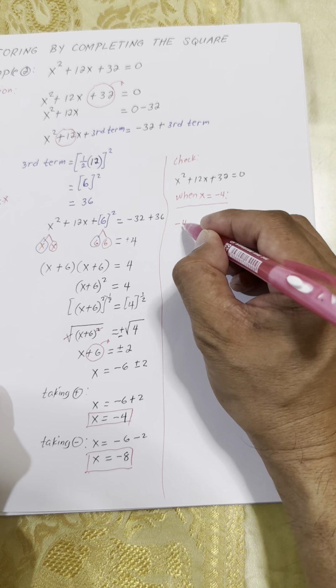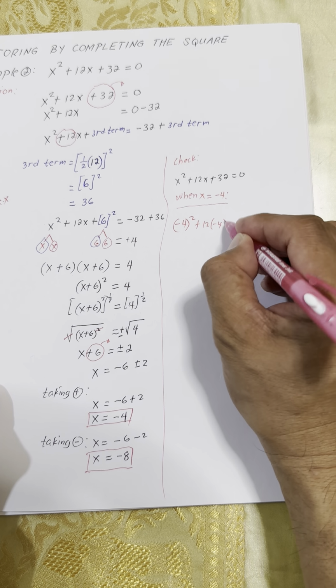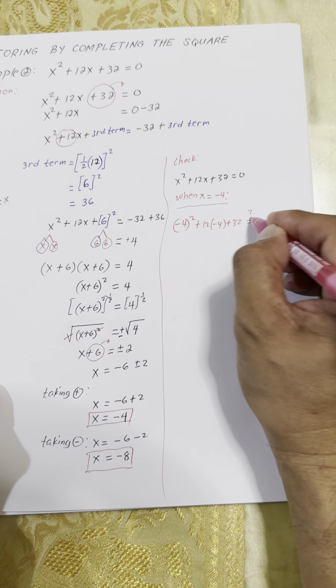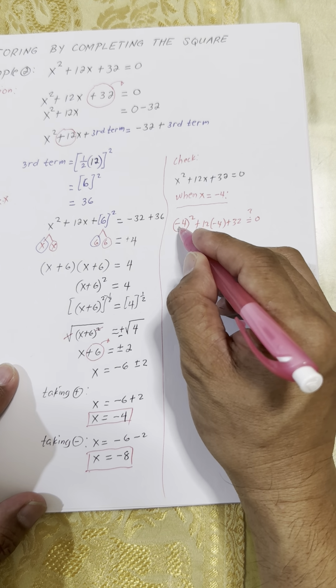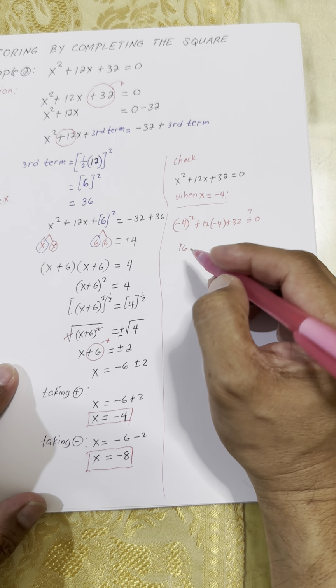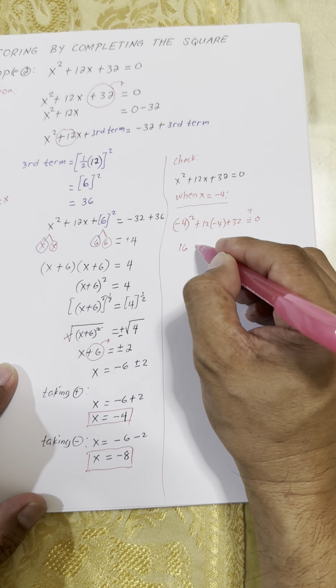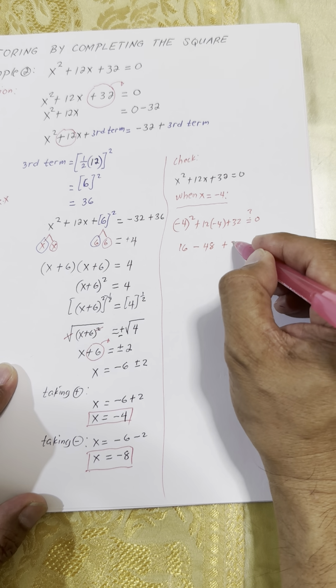So (minus 4) squared plus 12 times minus 4 plus 32, is it equal to 0? We still have to find out. Minus 4 squared is 16. Then positive times negative is negative 48. Then plus 32.